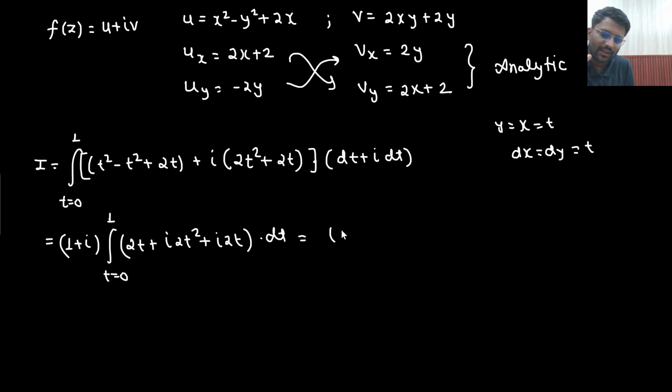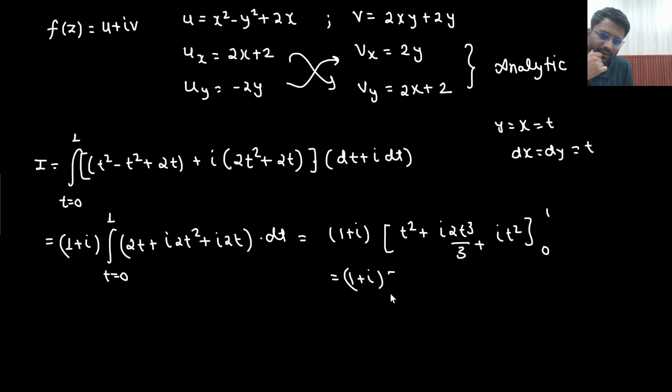So what is the answer we are getting? 1 plus iota, t square plus 2t cube by 3 plus iota t square, with t going from 0 to 1. So 1 plus iota, 2 by 3 plus iota, right?